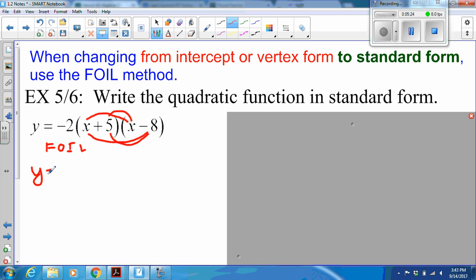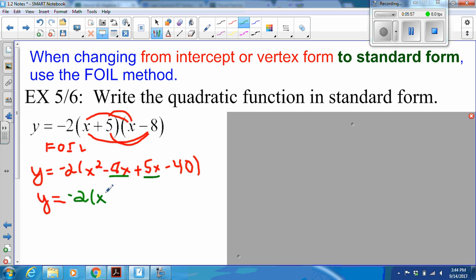So we get y equals negative 2 times x squared, and then our outer gives minus 8x, plus 5x, minus 40. What's in the parentheses, we need to combine like terms, the negative 8x and the 5x. So we have negative 2 times x squared minus 3x minus 40.